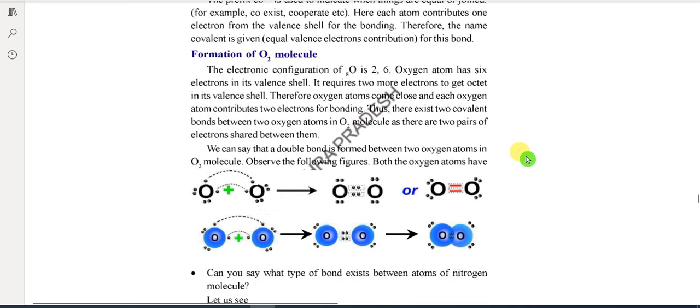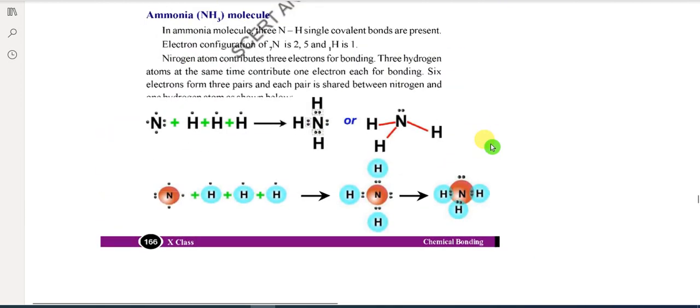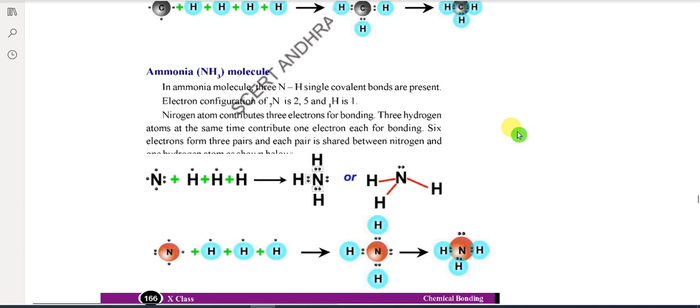And formation of the oxygen molecule is also here, single and double, that means first bond and second bond. And here very important, ammonia, a 2 marks question, compulsory. Draw the pair. Okay, so many students draw like that.